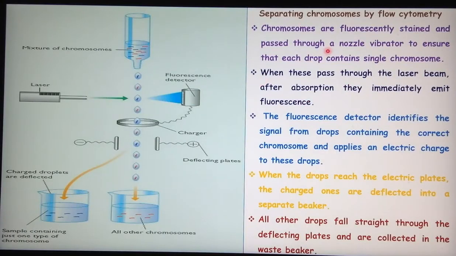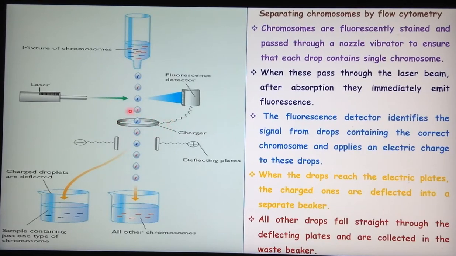So this is flow cytometry. In the process of flow cytometry, individual chromosomes can be isolated. Here the chromosomes are fluorescently stained and pass through a nozzle vibrator to ensure that each drop contains a single chromosome, and when they pass through the laser beam, they give a fluorescent signal. Wherever the fluorophore is labeled, it gives a fluorescent signal. The fluorescent detector identifies the signal from the drop, and then it applies an electric charge to these drops.